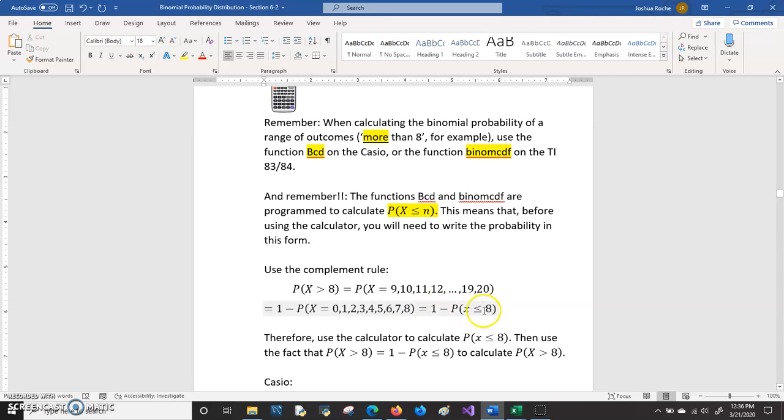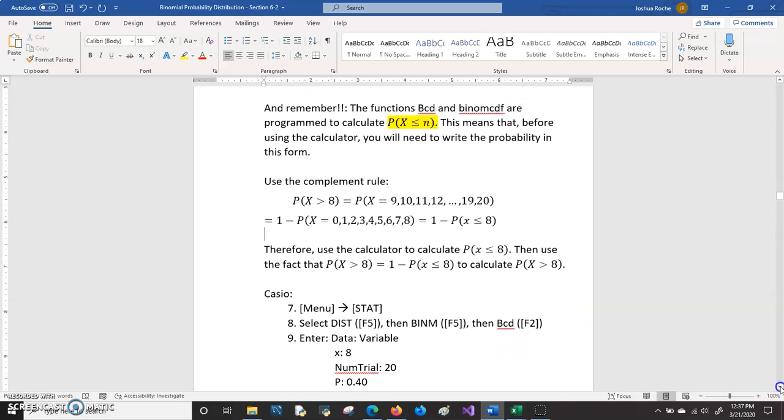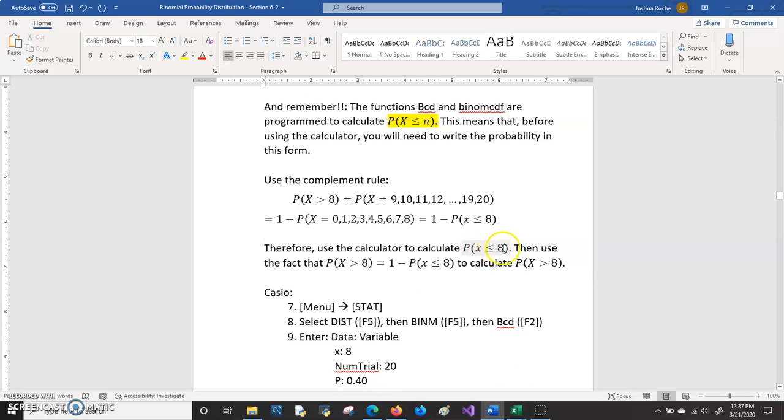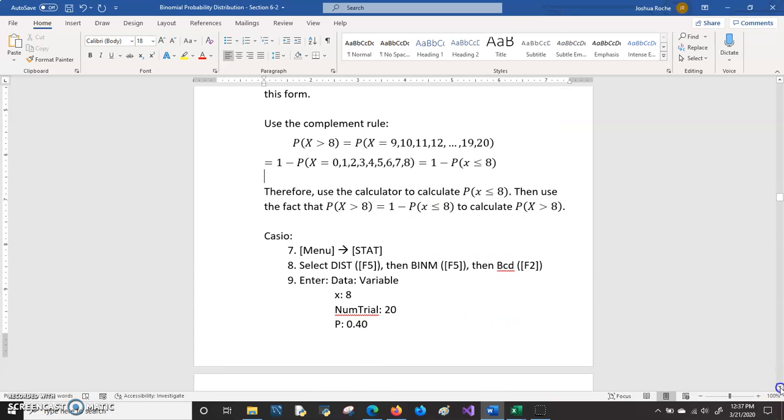So this right here is the complement. And keep in mind that when you do 1 minus a complement, you get another probability. So with this in mind, we'll use the calculator to find the probability that x is less than or equal to 8. And then once we find that, we can do 1 minus that result to get the probability that we're looking for.